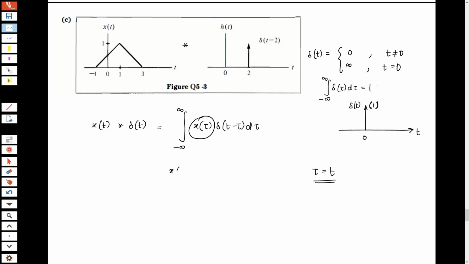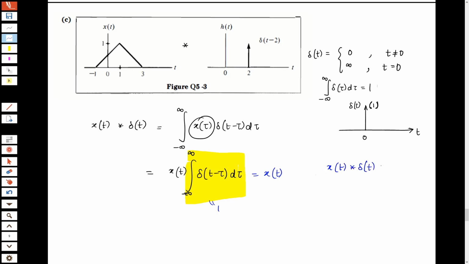So I could simply take it outside for that moment and do an integration from minus infinity to plus infinity of delta(t minus tau) d tau, and we already know by definition, no matter where this delta is situated, this area is equal to 1, which means this gives nothing but x(t). That means if you find a convolution of x(t) with a delta function, you get the same function back.